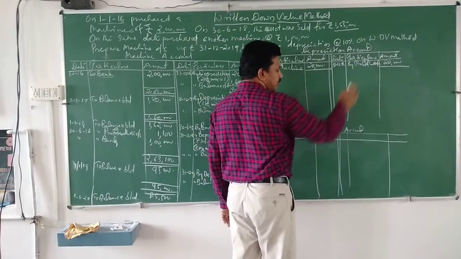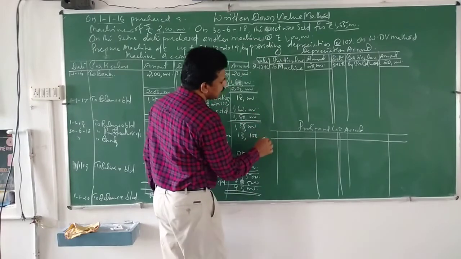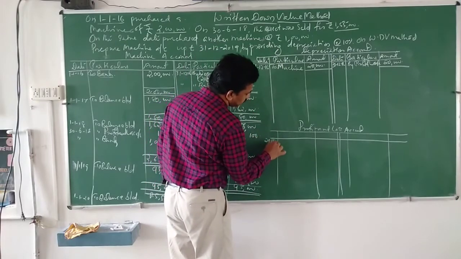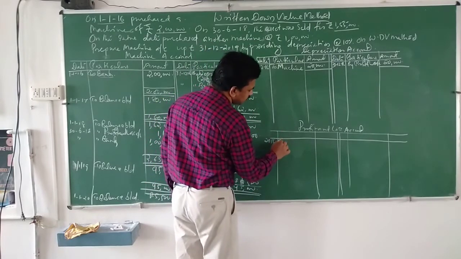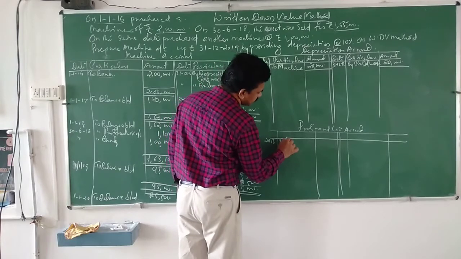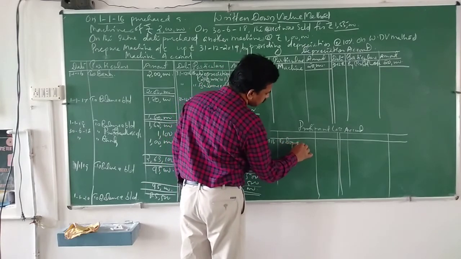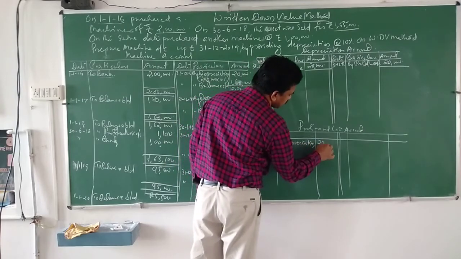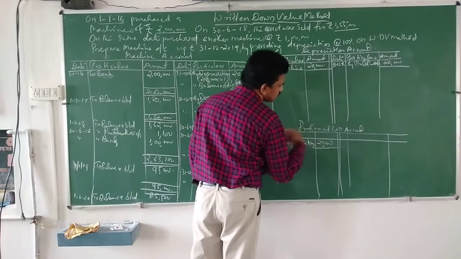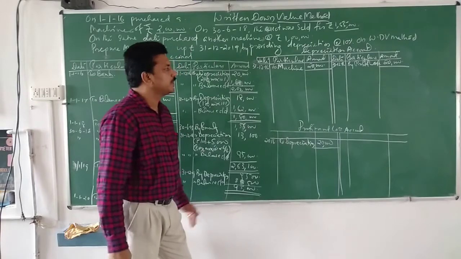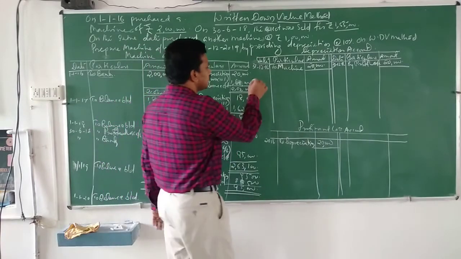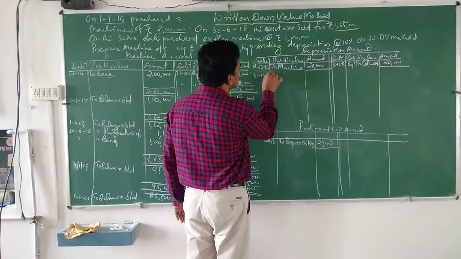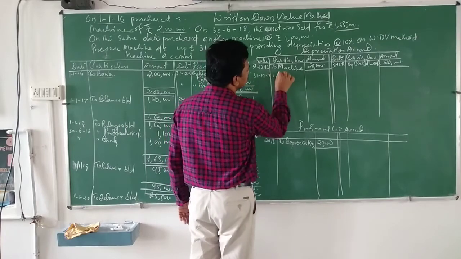It is written profit and loss account. So in the year 2016, what will we write? To depreciation. How much? 20,000. That also is closed. Next year, 31 12 2017, to machine.